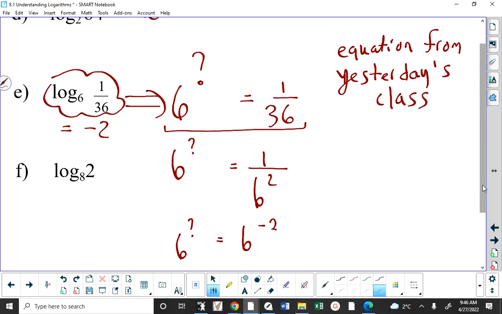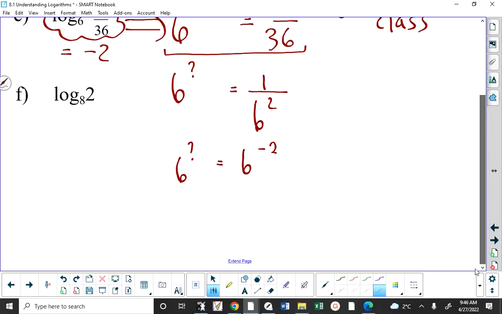Log base 8 of 2. Again, I'm just curious, how many of you know what log base 8 of 2 is equal to? Jonathan, let's just go right to the answer and then we'll explain it. 64. It is not 64, actually. Marcel? It is 1/3.